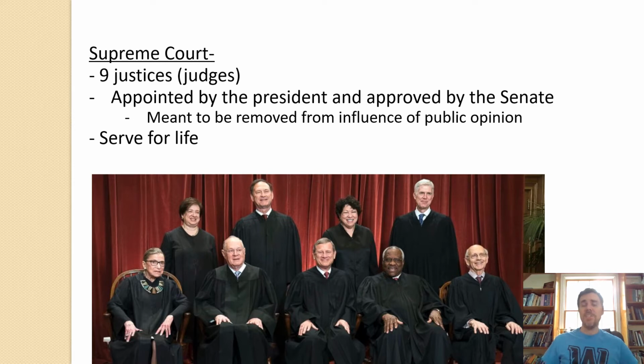The reason that they serve for life is we don't ever want to have judges where they are running for reelection, or where maybe you believe that you should make this ruling based off of your interpretation of the Constitution. But if you had to run for reelection, you would have to think about how the people would react to that.